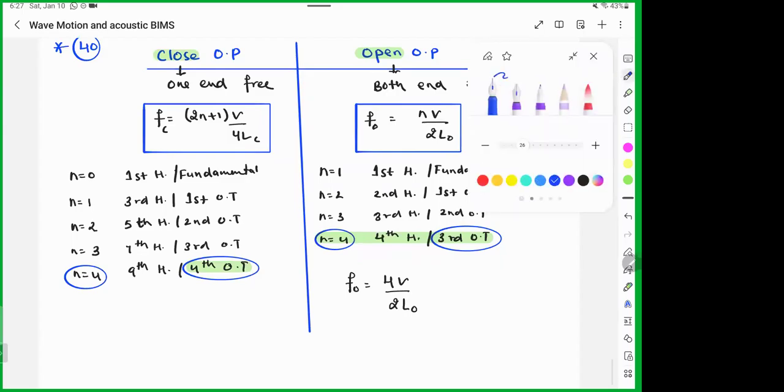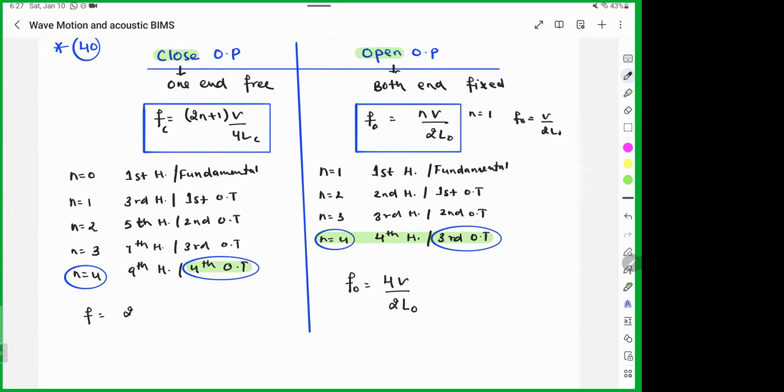If your n value is 4, put the formula f is equal to (2n plus 1) V by 4L of closed organ pipe. 2 times 4 is 8, plus 1 is 9. So 9V by 4LC. Tell me, guys, any doubt as of now?